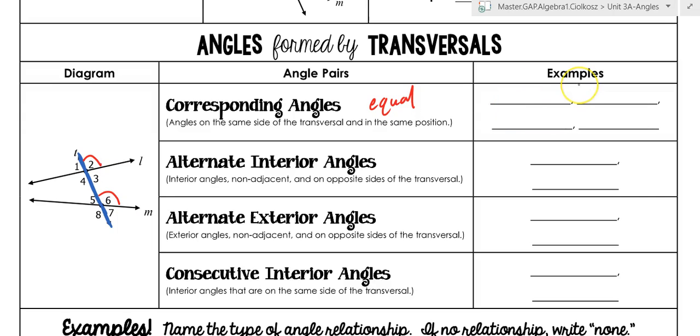So let's say 2 is equal to 6. Another one here would be 3 and 7. Going on our left side here, 1 would go with 5, so 1 is definitely equal to 5. And then 4 and 8.